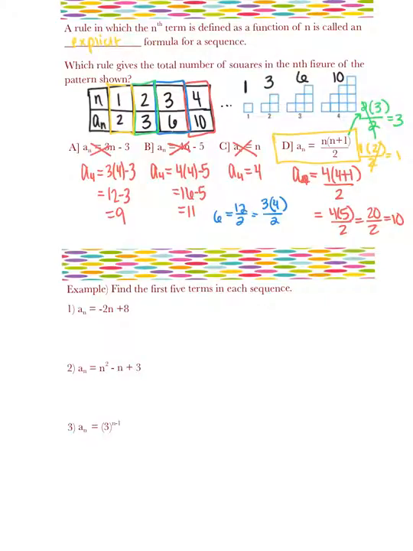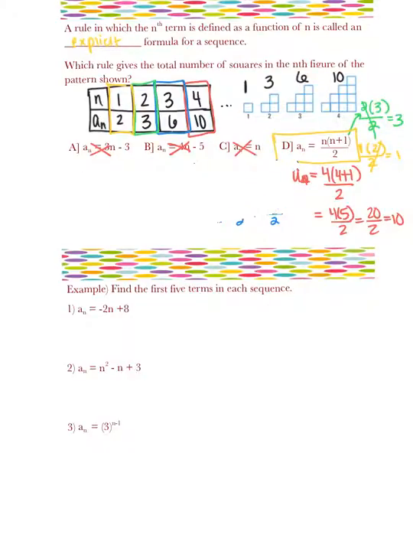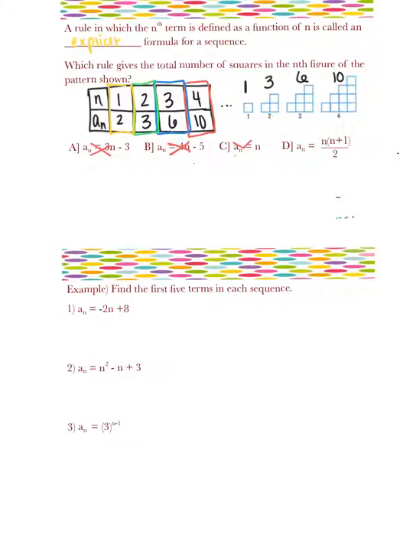So what's nice about the explicit formula is I should be able to plug in any n value, and I would be able to see how many blocks I have in a figure. I'm going to go ahead and erase some of this so that I can visualize. And let's maybe do, let's do 20. Let me circle this.